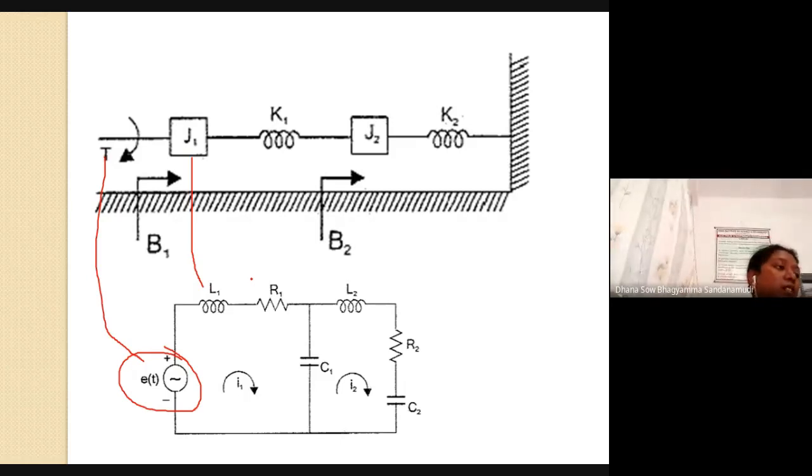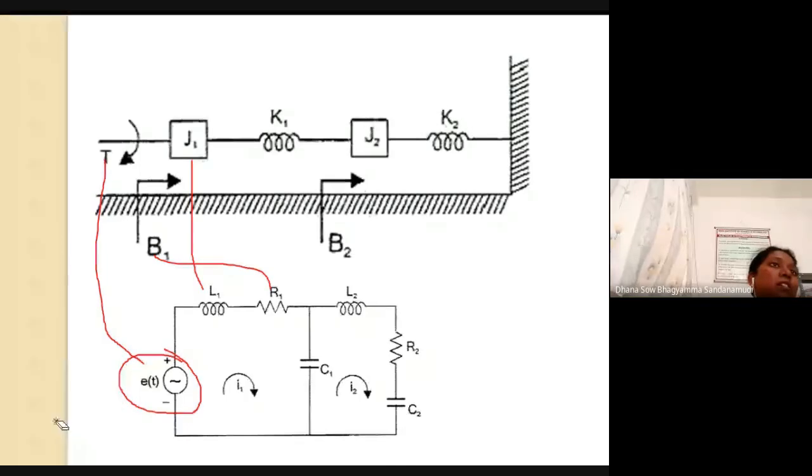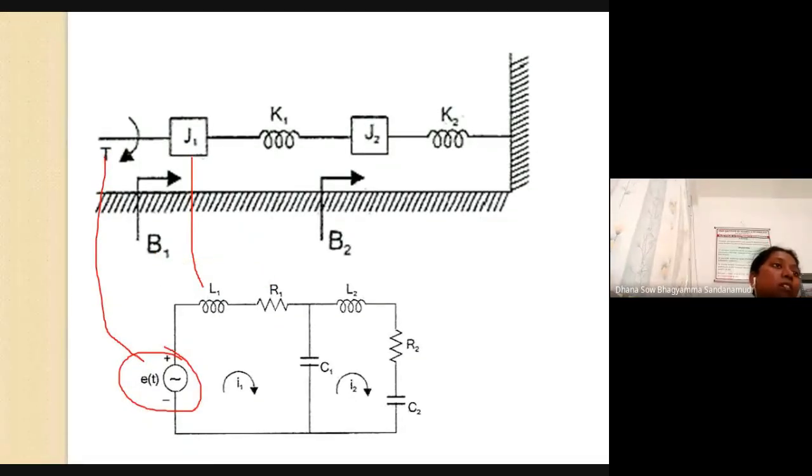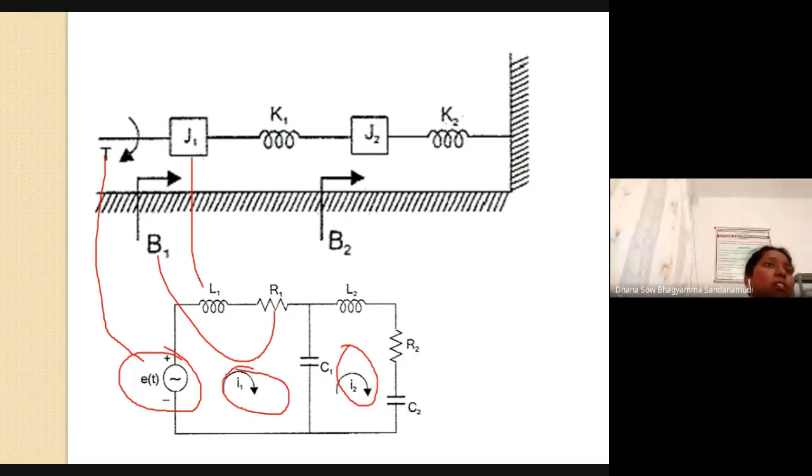Next, B1 is there. B1 is analogous to R1. Next, in between, two nodes are there, so definitely there will be two loops.